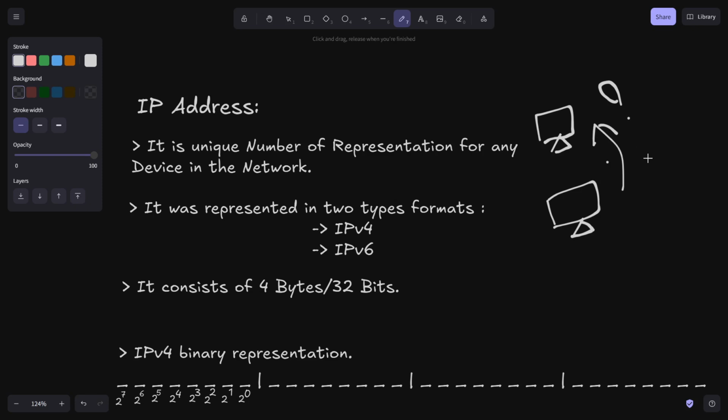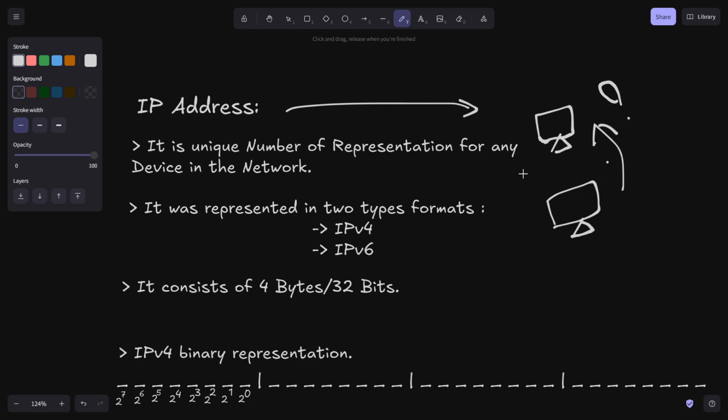So for that, the identity is provided by the IP address. An IP address is a logical address, so it may change. It is not a permanent address. It will be changed according to the network.